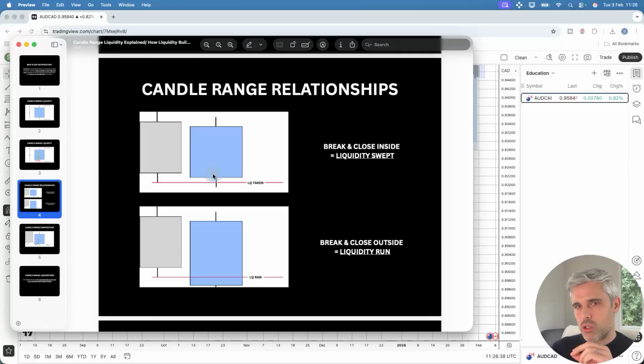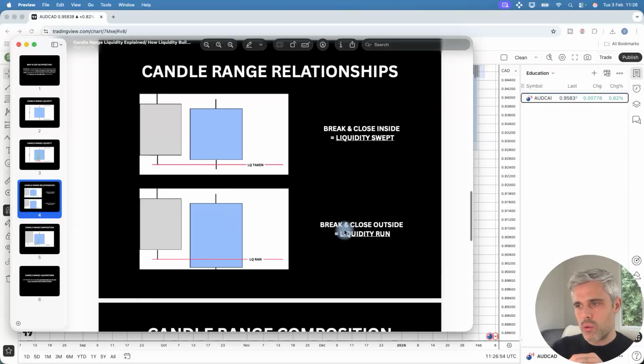What it's also doing is attracting new breakout traders into the market, because at this point, traders think, okay, we're going lower. But actually we close inside, and then there are more stop losses building in these levels that price can then target. Or we get a break and close outside. In this case, this is a liquidity run, because yes, there is liquidity at this level, but price has traded into it, taken the liquidity, and closed bearish.